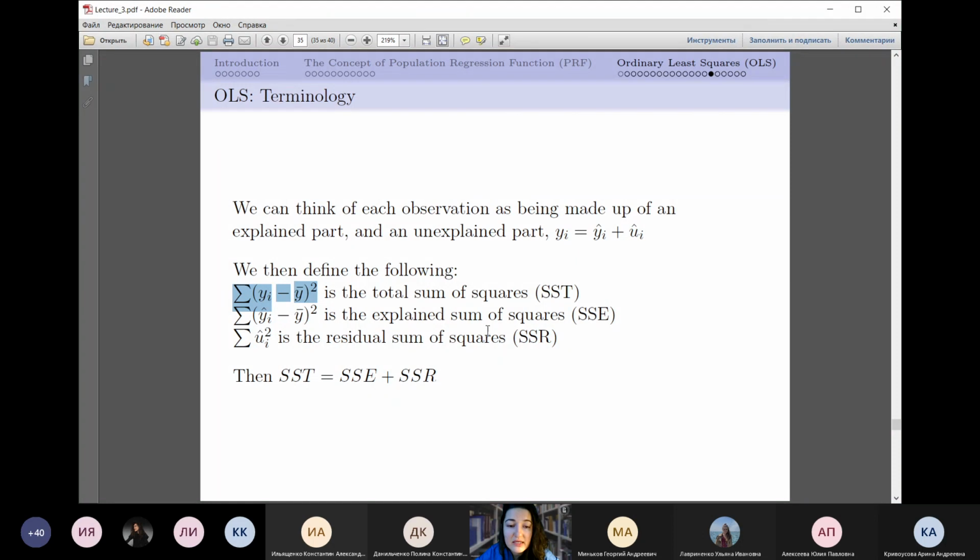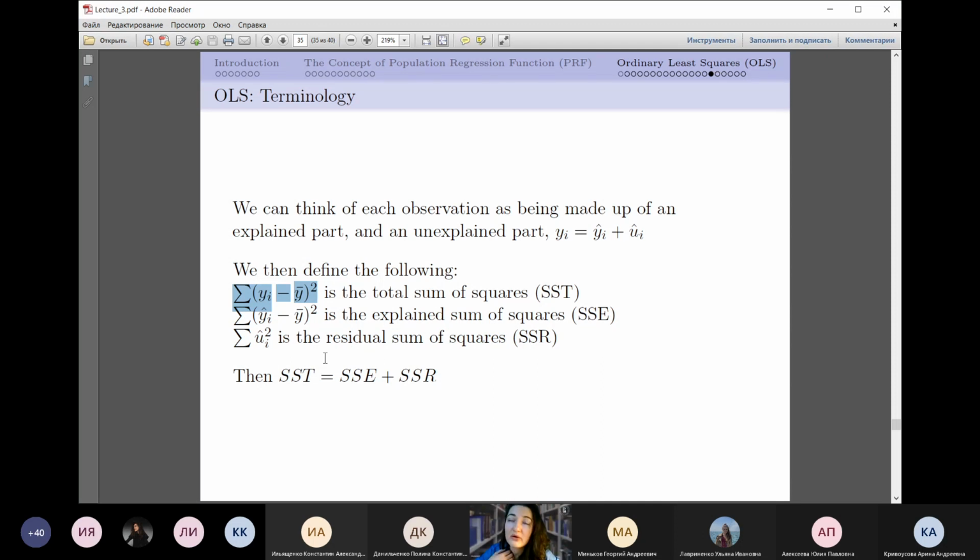The same logic applies to the explained sum of squares, because the explained sum of squares measures the sample variation in the estimated y hat. And respectively, the residual sum of squares measures the sample variation in your residuals. So if you sum up the explained sum of squares and the residual sum of squares, you obtain the total sum of squares.